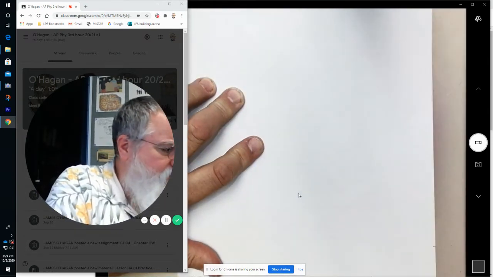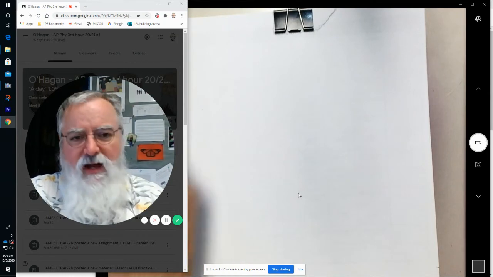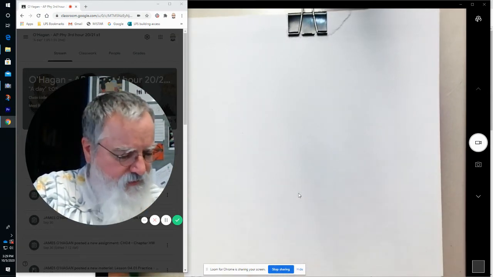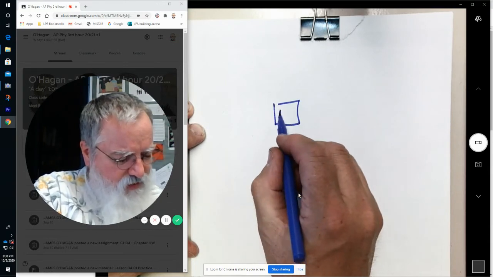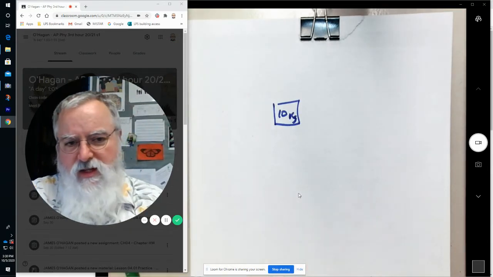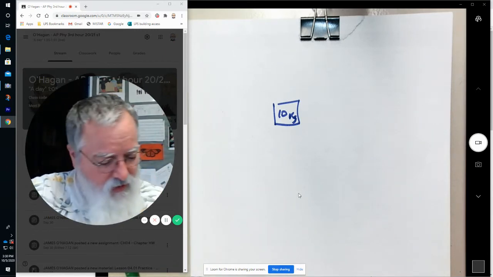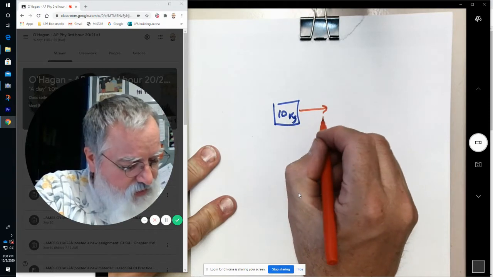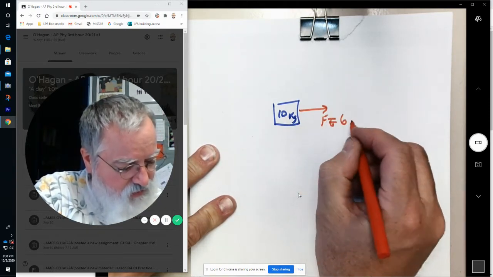All right. So here's the dealio. Let's say I got an object. We always start with an object. Hey, there's an object. And it's got some mass, let's call it 10 kilograms. And I'm going to apply two forces on it. I'm just going to make them up because I know what's going to happen. So I'm going to say this is a force of 6 newtons.